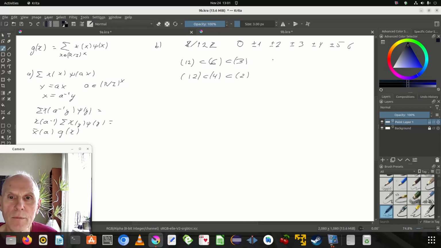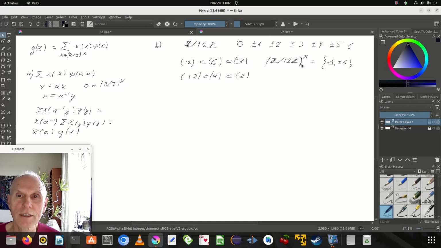So let's find the multiplicative group. That's not needed. So that's very easy. This one and 6 lies in this ideal, and 3 and 6 in the other.